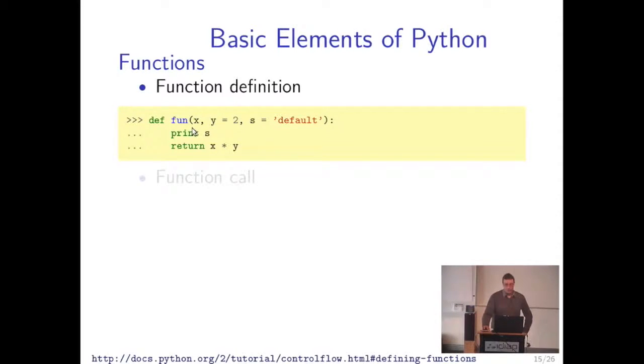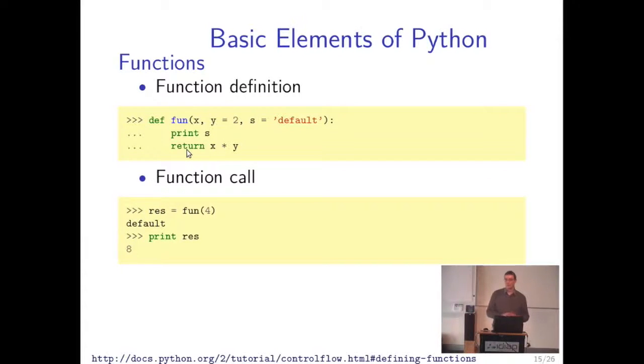In this function, I keep it quite simple. So there is an s parameter, which I just print. And there is an x and a y parameter, which I multiply and return. And when you call this function, you have to specify at least one parameter, which is the x. And when you do that, then all the other parameters will take their default values.